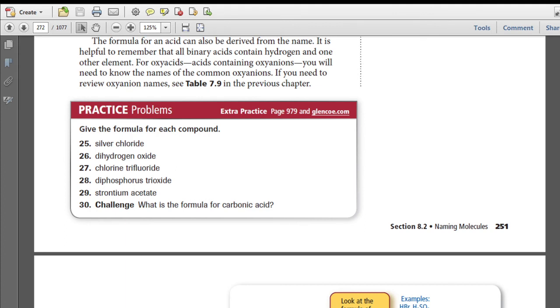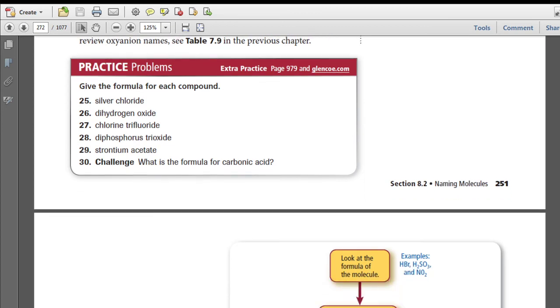Number 28 would be P2O3. And then strontium acetate would be, this is testing my knowledge right here, Sr(C2H3O2)2. I could be mistaken on that one.